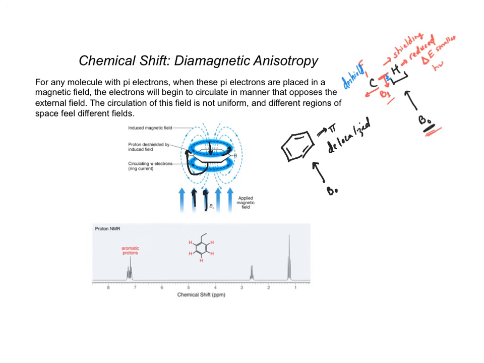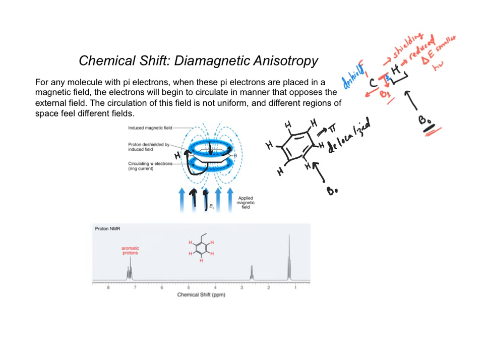And so we think about benzene, and we think about where these protons that we're going to be seeing in our NMR spectra are. Those protons are on the outside of the ring, right? And so because of that, these protons on the outside of the ring are going to feel an overall larger magnetic field because these field lines are essentially enhancing or adding to the overall external magnetic field, right?